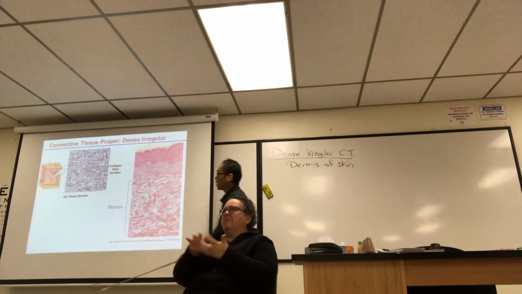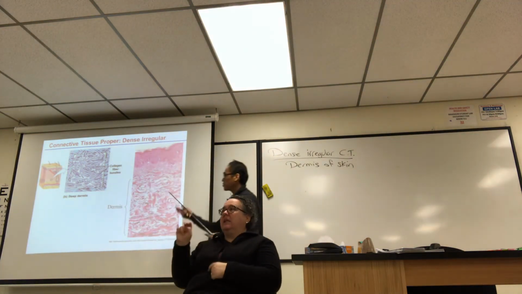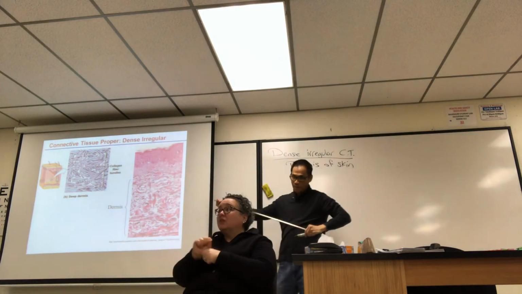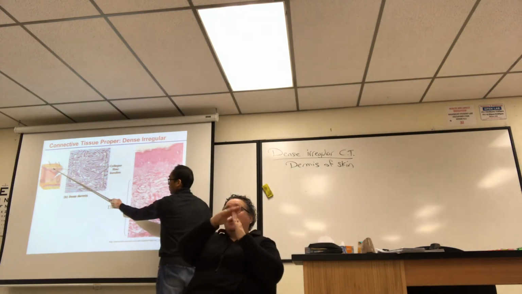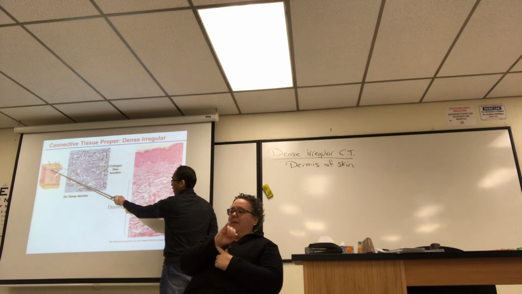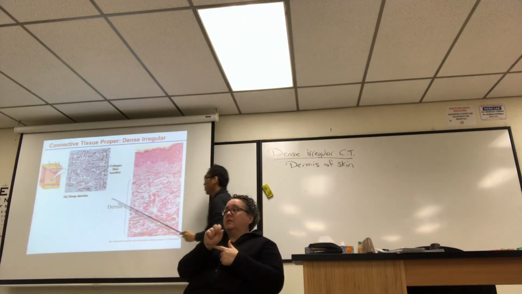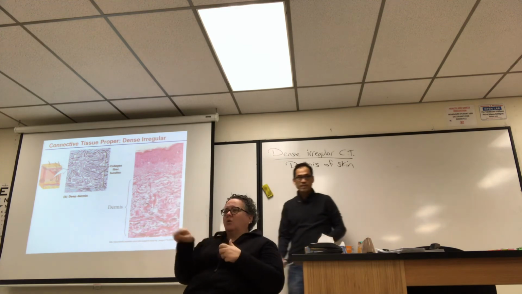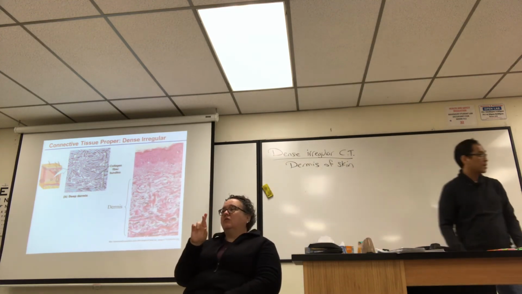Here's a thick layer of skin. There are actually three layers in the picture on the left. Up top, you've got the epidermis. The dermis is from here to here. Then you have the subcutaneous tissue, which is full of fat. So the dermis is what I want you to identify as an example of dense irregular connective tissue.